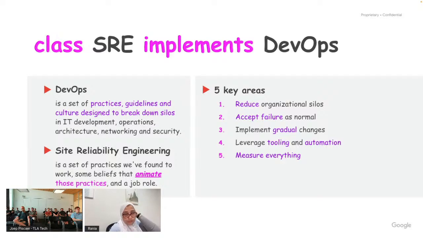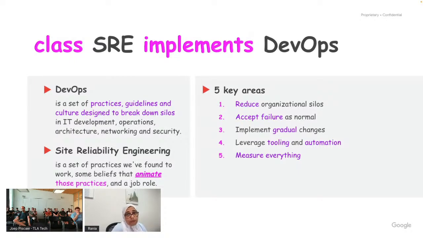So you can think of SRE as an implementation class for the interface of DevOps, okay? SRE is definitely animating all the practices that we were aiming for in DevOps, which are the guidelines and practices for designing and breaking down the silos that we have in software delivery.